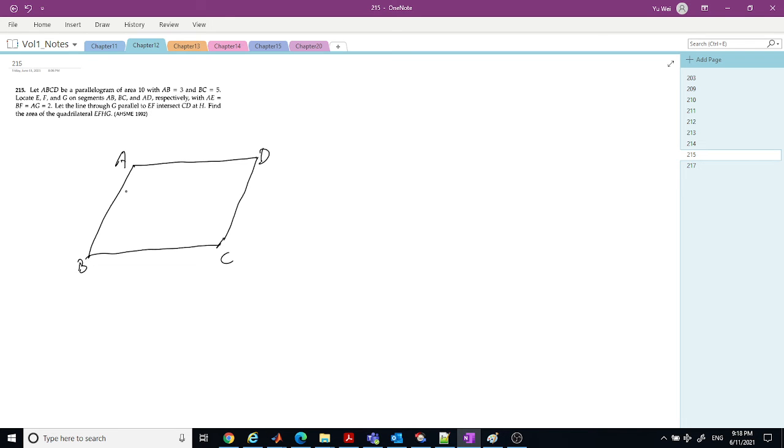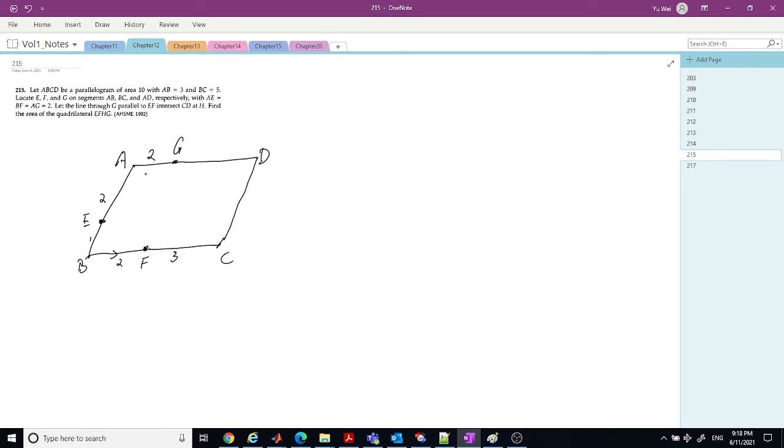So AB is 3, BC is 5, then E, F, G are on segments of the AB, BC, and the AD, and respectively we have the AE equals BF. AE is 2, so it's 2 and 1, and the BF is 2, so BF is 2 and this is 3. The AG is 2.